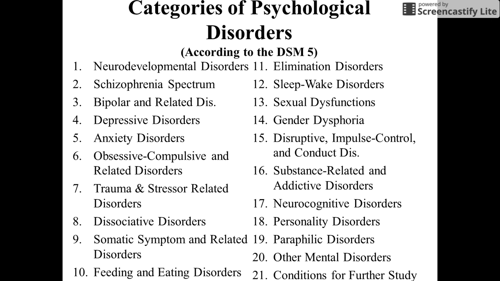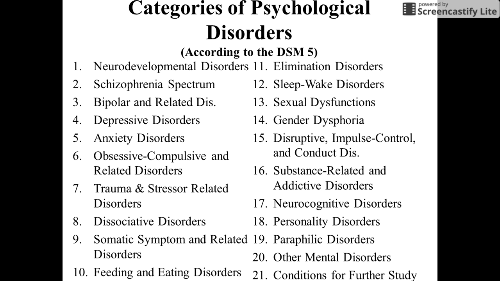OCD has its own category now, which is new, the obsessive compulsive related disorders. Then it talks about trauma disorders and dissociative disorders, what people often know as multiple personality disorders, and somatic symptom and related disorders.